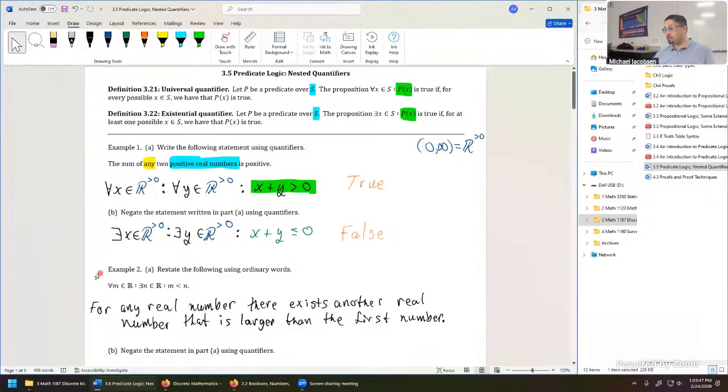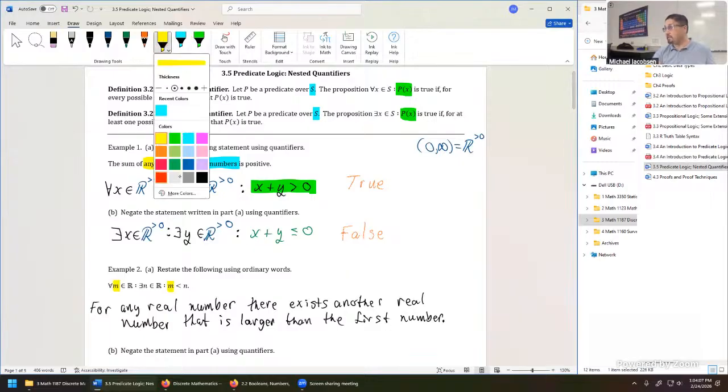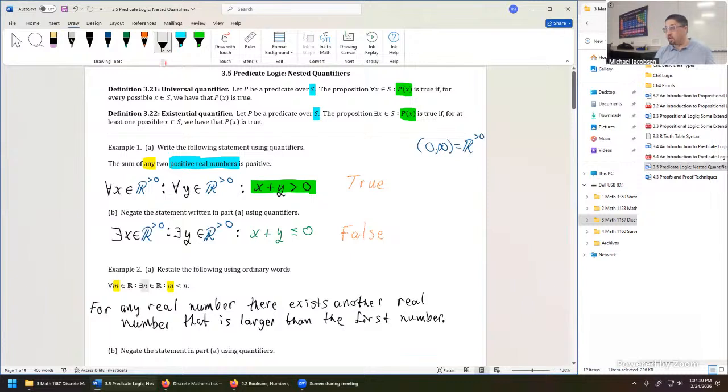Okay, in example 2, we're just going backwards. We have a fully quantified statement, and it looks very mysterious sometimes until we train our eyes to just read exactly what it's saying. It's saying for any real number whatsoever, that number goes here. There will exist a particular other number n, that number n went here, such that the first number is smaller than the second number.